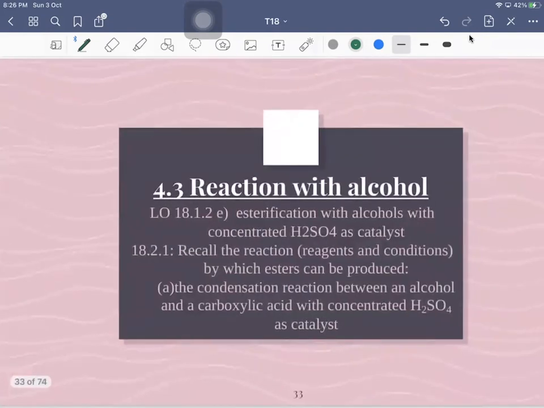Next is reaction of carboxylic acids with alcohol. You know that this is already an esterification reaction. You usually use concentrated sulfuric acid as catalyst, and this actually covers 2 learning objectives, 18.1.2 and 18.2.1, which is under esters.